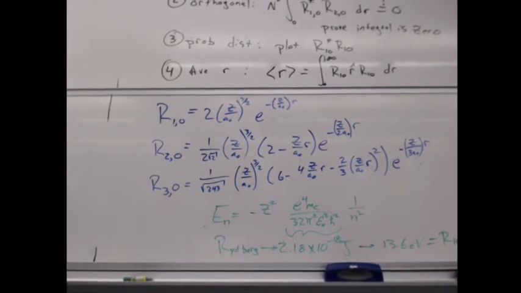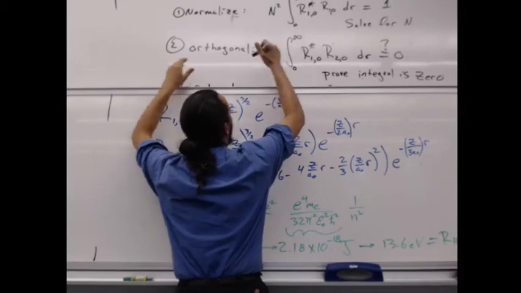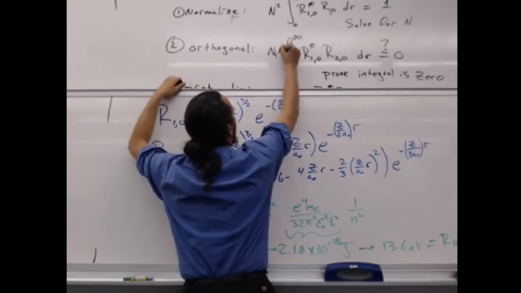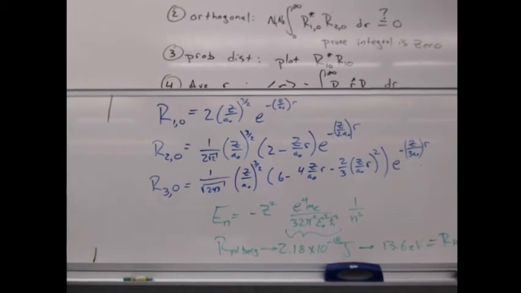Question: when we're looking at orthogonality, the normalization constant is going to be different for R1 and R2, right? Yeah, and it's also not going to matter because the integral should be 0. So we can just divide that n squared over and it's going to disappear. You're right, we should have n1, n2 for normalization 1, normalization 2, but they're not going to matter.